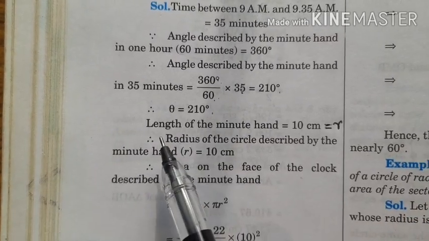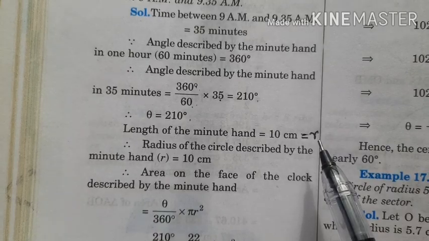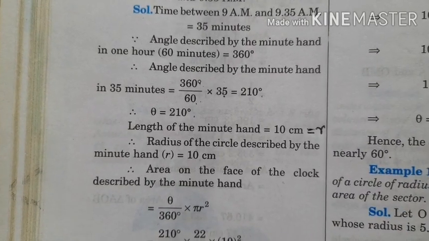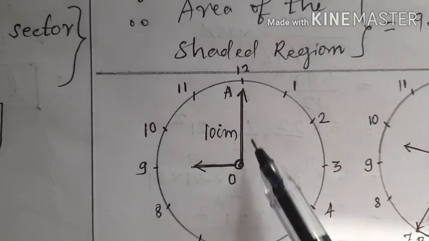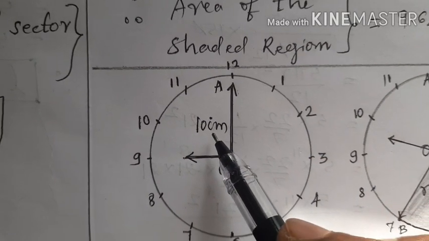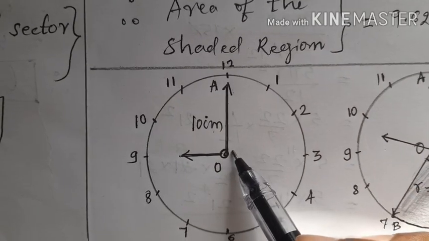See here, the length of the minute hand is 10 centimeters and that is equal to the radius. Radius equals 10 centimeters. Look at the dial here. This is the length of the minute hand, 10 centimeters, and this is the radius of the sector.